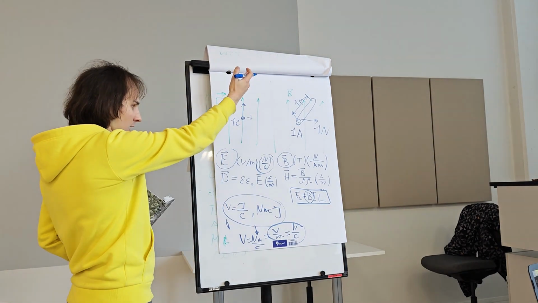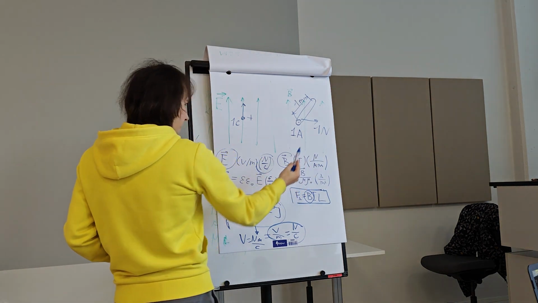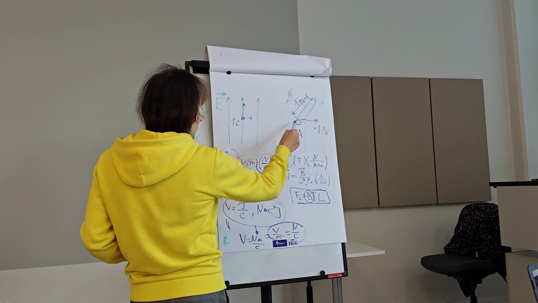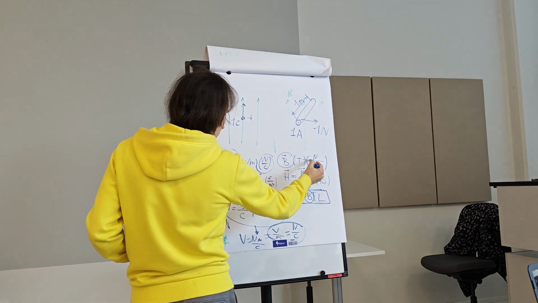So the definition comes from this equation. That's why we have this dimension Newton divided by ampere divided by meter, which for convenience is named also as Tesla.